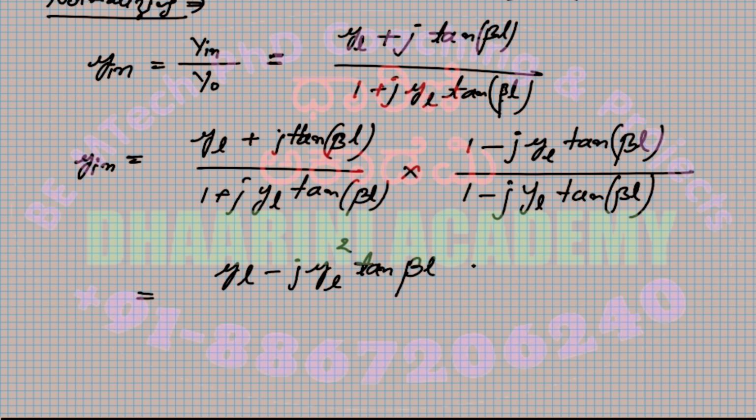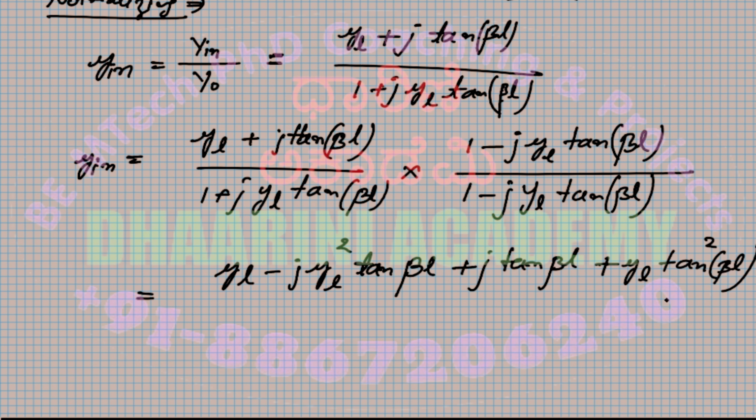Then plus j tan beta L, then plus into minus is minus, j square is minus 1, so plus YL tan square of beta L. Are you okay with the numerator part? Tan square of beta L.